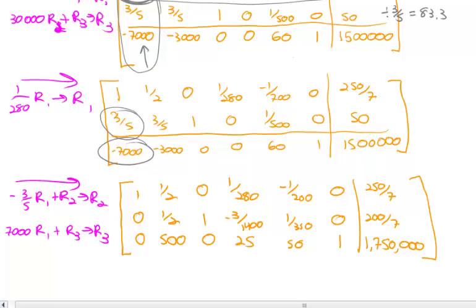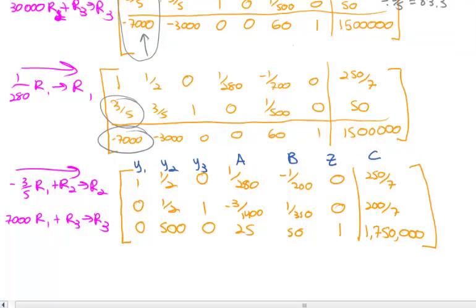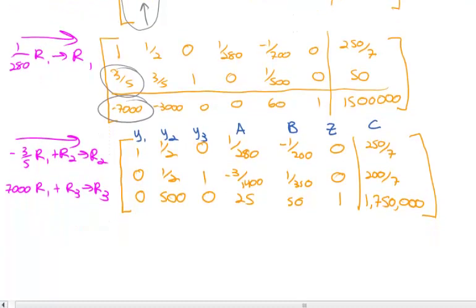And if you remember from the beginning, we said our columns were labeled y1, y2, y3, our slack variables first. Those are from the dual. The next columns are our A and B from the two options, the two refineries that the oil company is working with. Then our Z and our constants. The difference with minimization is the setup's different. It's a dual problem you've got to set up.